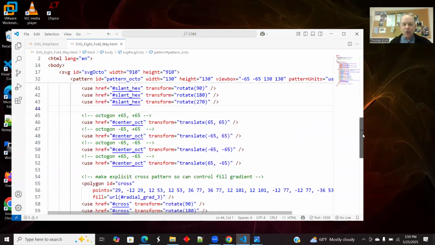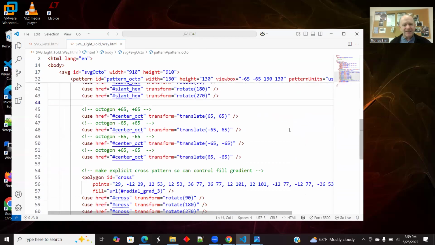Then I made my corner octagons. I took my original center octagon, and I'm using the use element in SVG, and I'm transforming it. This I did as a translation. Remember that my overall unit is 130 by 130, and I did a viewBox.